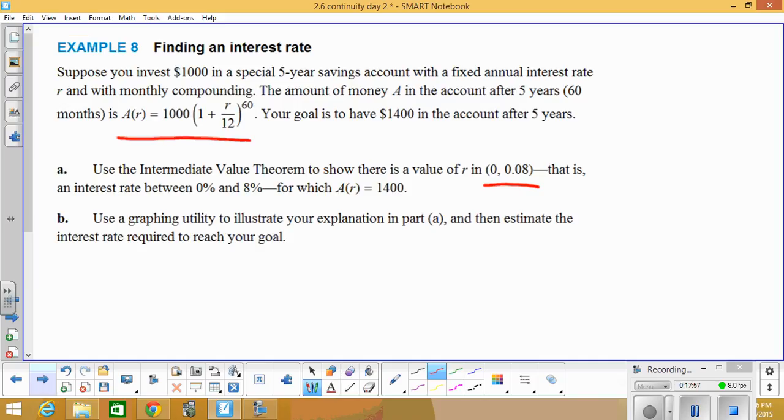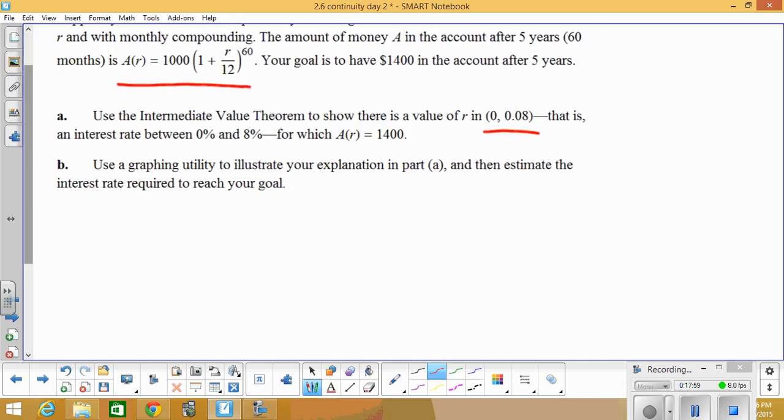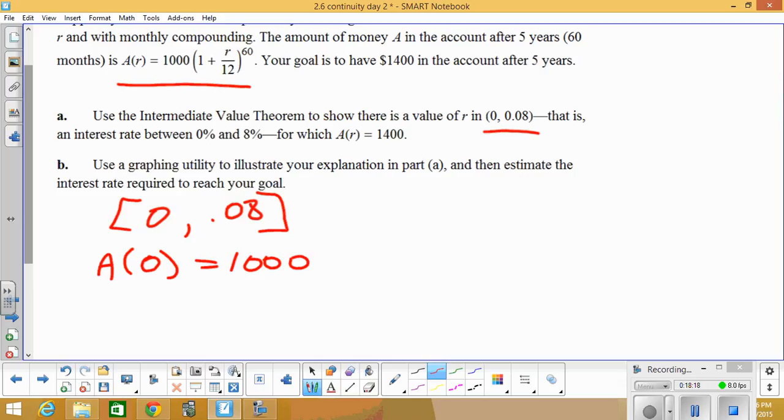Basically, though, I have to use the closed interval from 0 to 0.08 in order to apply the intermediate value theorem. So I'm going to take those values for a and b and plug them into my equation. A of 0, which should be $1,000, and A of 0.08, plugging that into my formula.